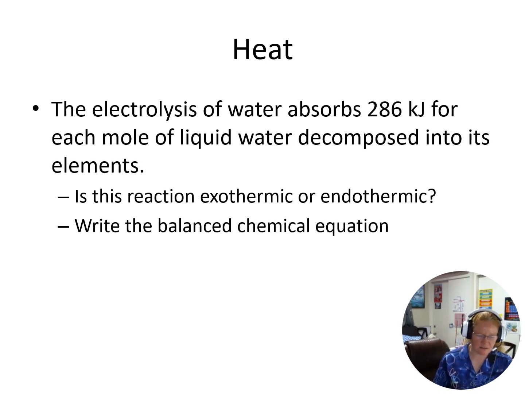The electrolysis of water absorbs 286 kilojoules for each mole of liquid water decomposed into its elements. Okay, so absorbs, does that mean that we are taking it in or giving it off? Absorbs means we're taking it in, which means this reaction is endothermic.